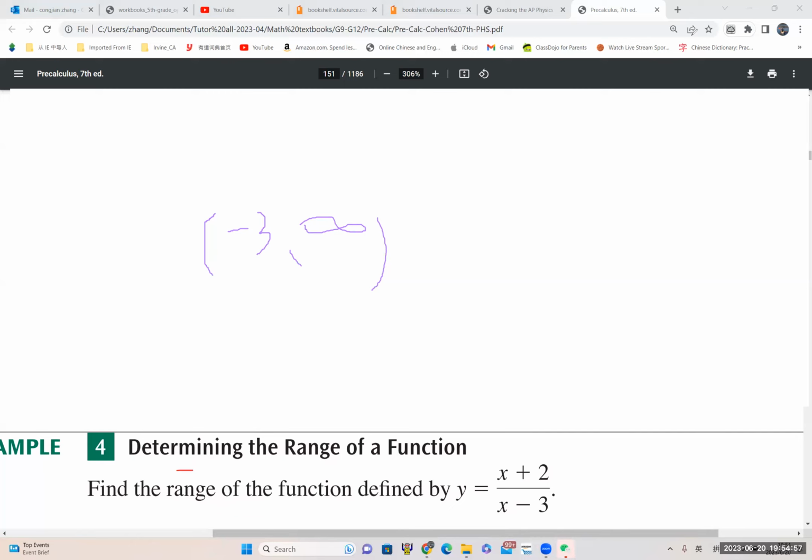Again, here is for range, not for domain. Domain is simple. Keep thinking about it. How do you know it's -3 to infinity? For example, do you think this can be -10 or -5? So Neil, do it yourself.